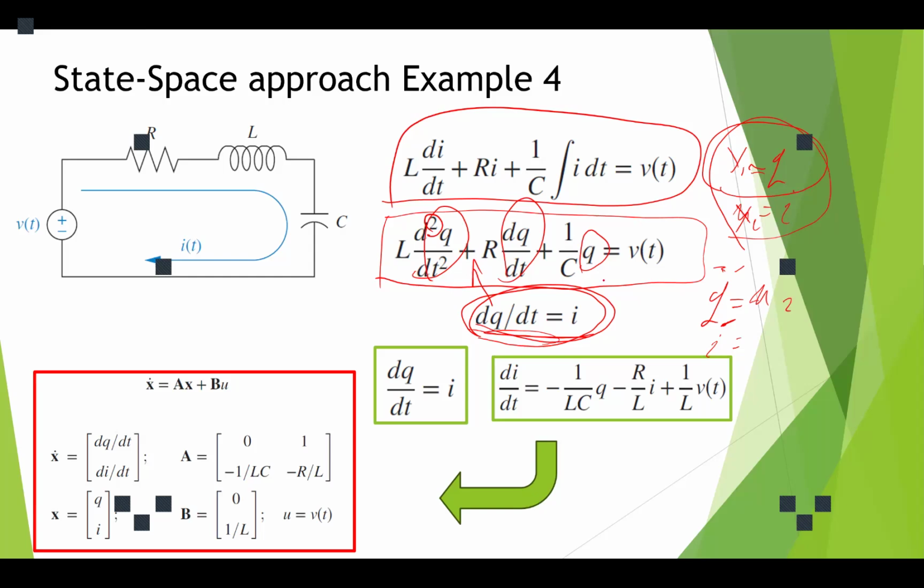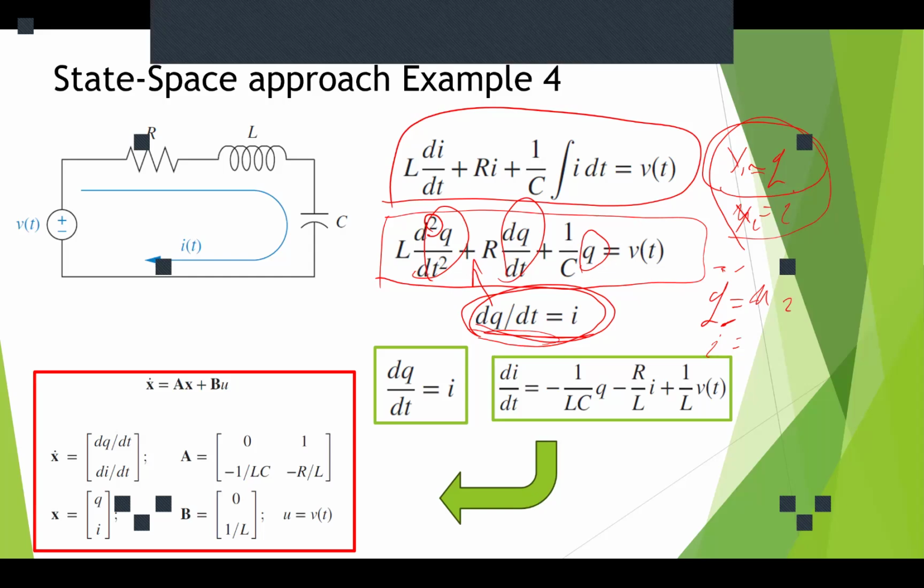We want to play with it so we have a first order equation for I. To do that, we replace this one with the differential of I, we replace this one with I, and since we already have Q as one of our state variables, we let that be there. Why do we let that Q be there?